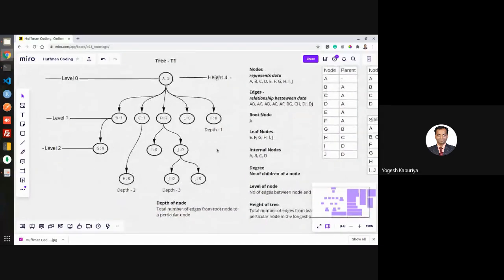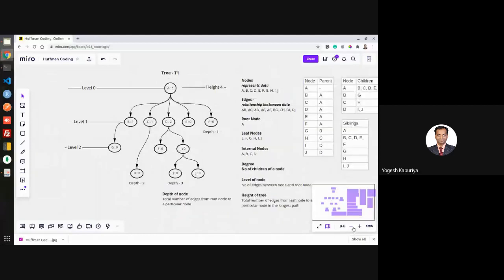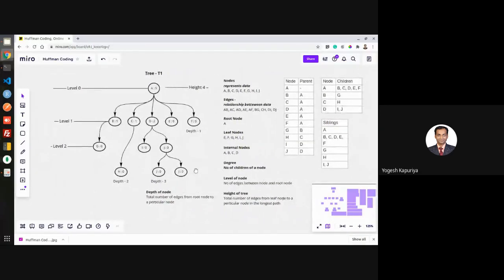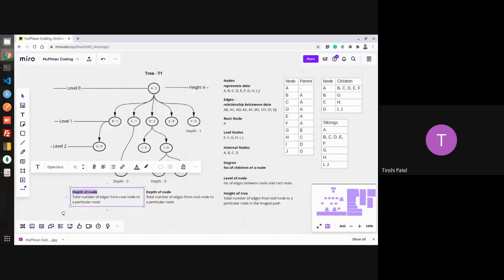Then there is something called path. So path means it's a set of edges which connects two nodes in a tree.